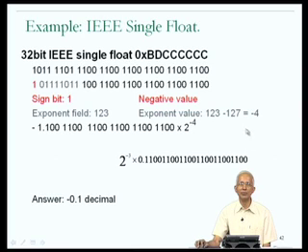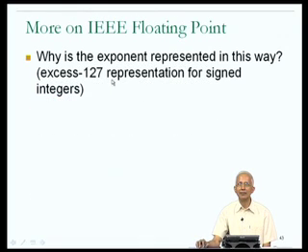In this particular example, the value of the exponent was minus 4. In other words, the exponent was a negative value. And I represented it by the value e equal to 123. So this gives us some hint as to why the designers of the IEEE floating point representation may have used this very strange notation for the exponent.